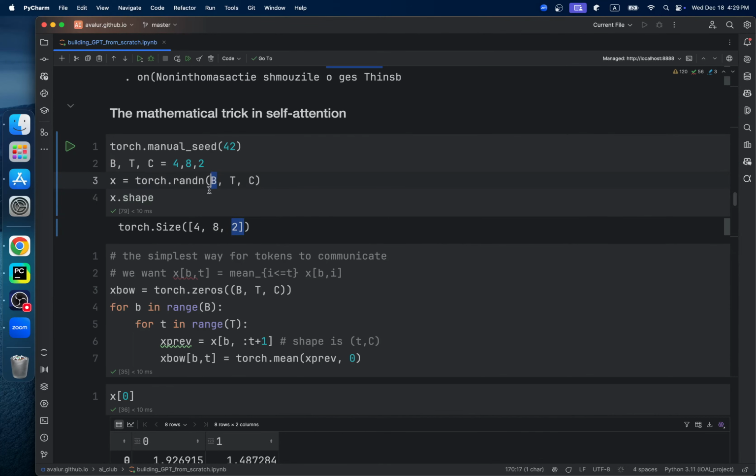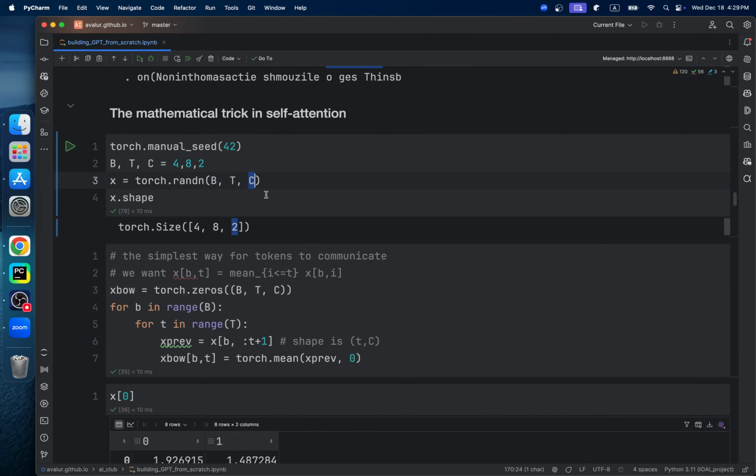It means that we have 4 objects in the batch, so this is the batch size, and each object has 8 characters inside. So 4 by 8 characters overall, and each character is represented not with one number as previously, but with two numbers.